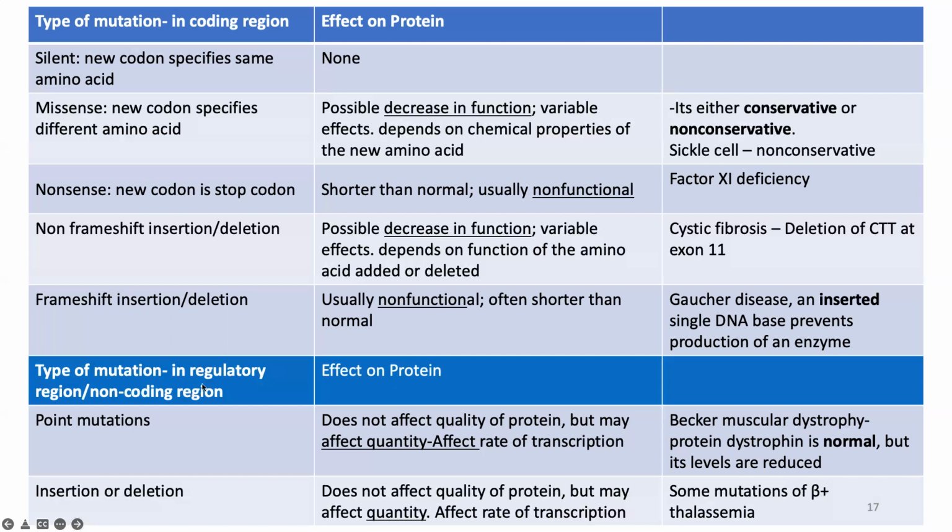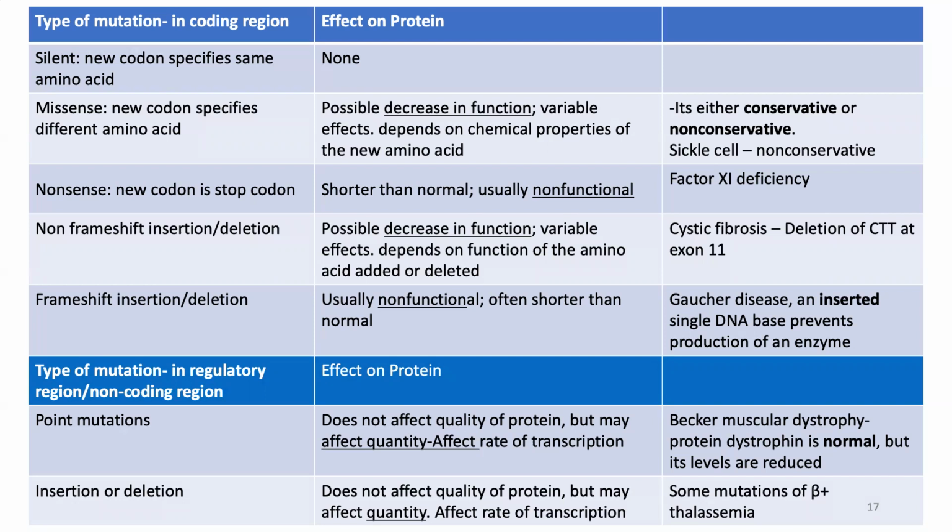Again, a mutation in the regulatory region or the non-coding region. A point mutation does not affect quality of protein, rather it affects quantity because it's in the regulatory region. So basically, instead of having 100% of the protein, we might get 25%, we might get 70%. It depends where the mutation is.